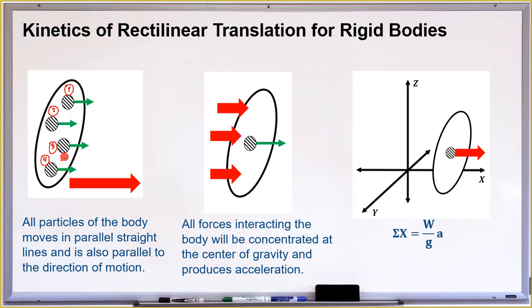Additionally, the direction of motion of these particles is also parallel to the direction of motion of this entire object. So this is the first rule when we analyze the rectilinear motion of rigid bodies.